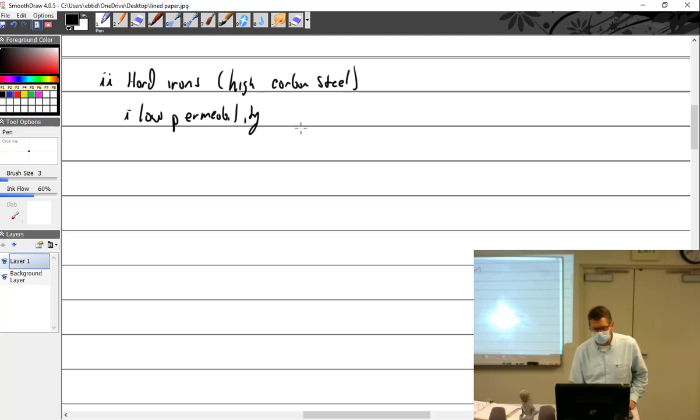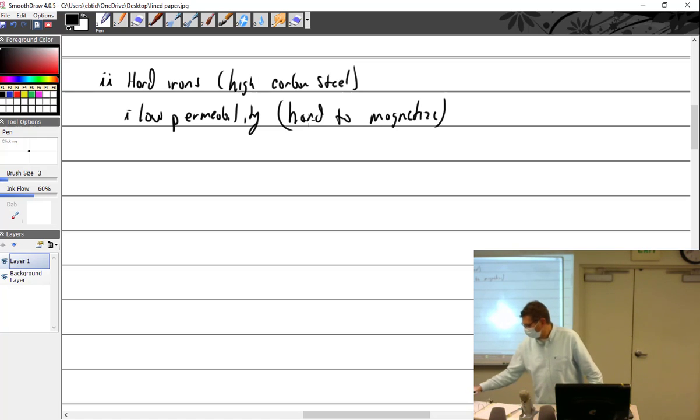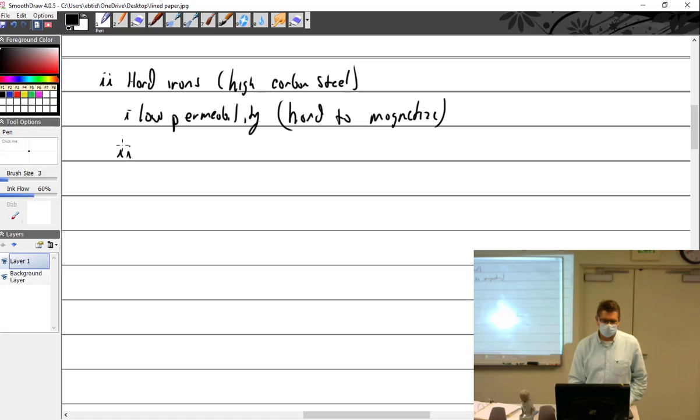So is it easily magnetized or hard? Hard to magnetize. Hard to magnetize, which means retentivity is going to be low or high? Okay. Which means the retentivity is going to be, wow, we said that, high. Retentivity.